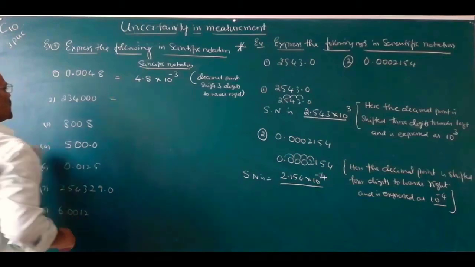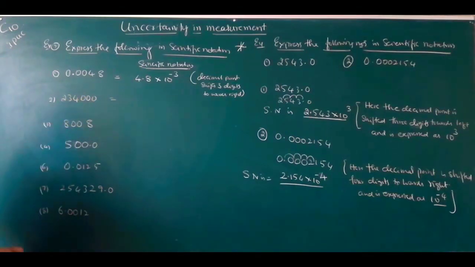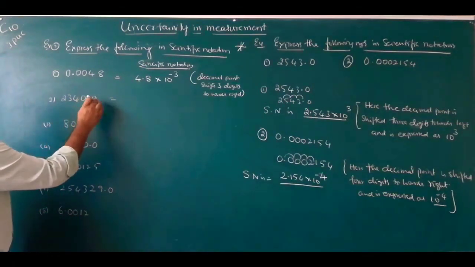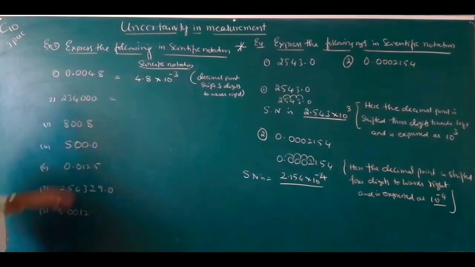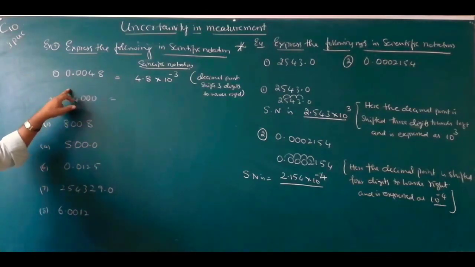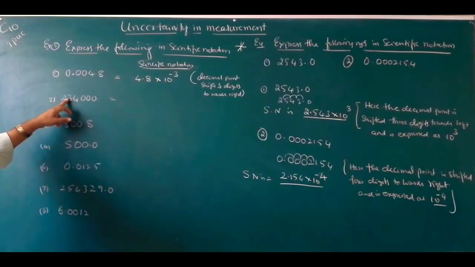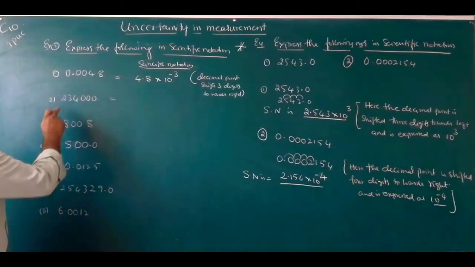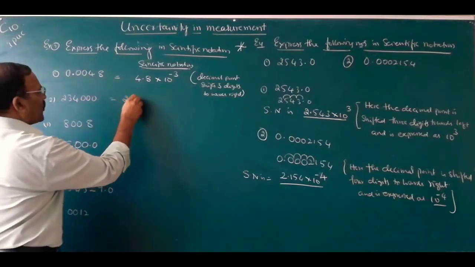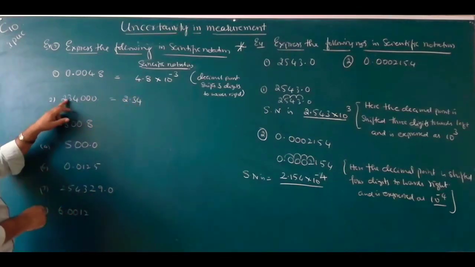In this number, where is the decimal point? Decimal point is here. It has to come to one place, one digit after. That means we have to write 2.34.